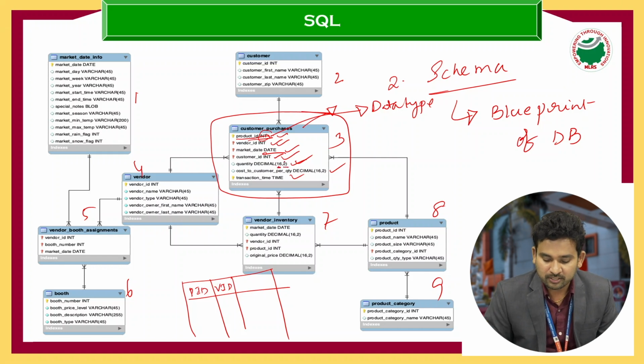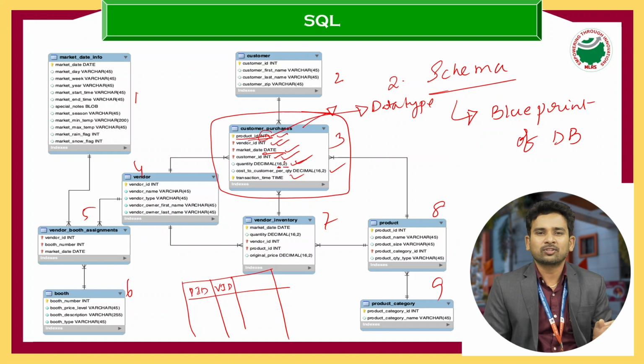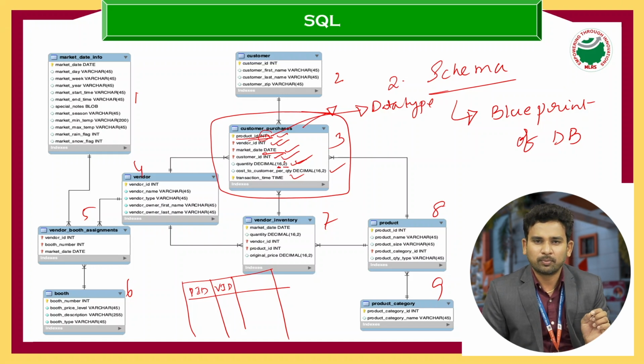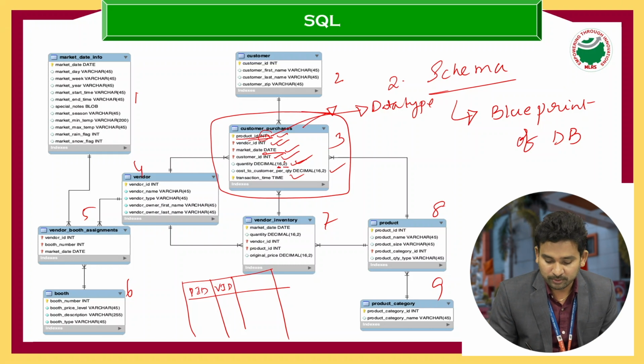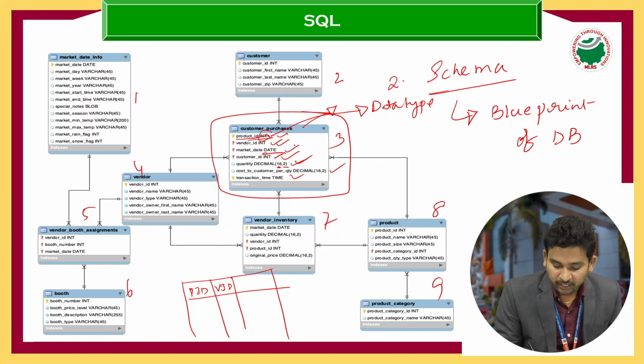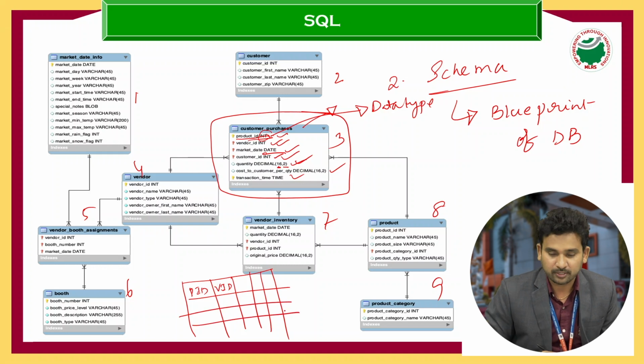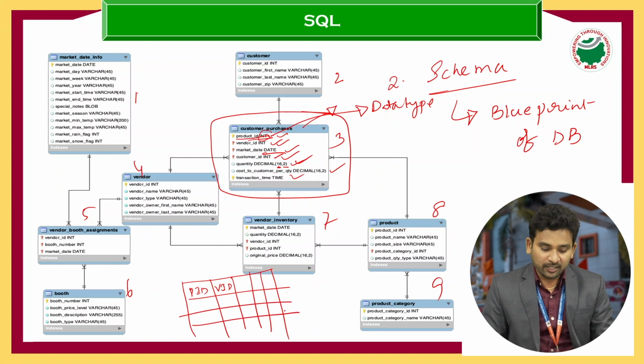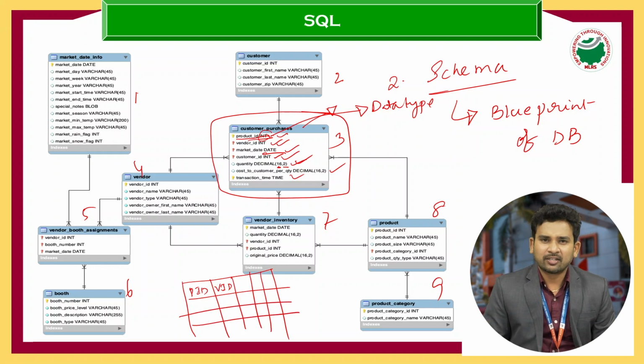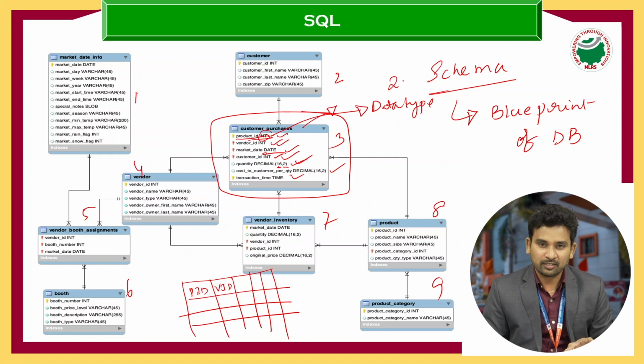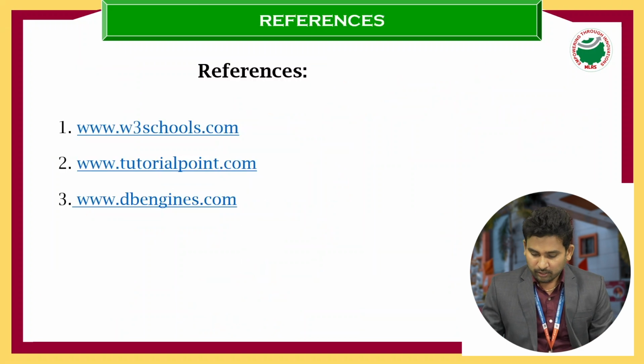Quantity decimal 16,2 means the length is 16, and after the point we have 2 decimals. Similarly we have 7 columns. So this is one table. Similarly, you have to understand the other tables also. First of all, you have to understand the schema.